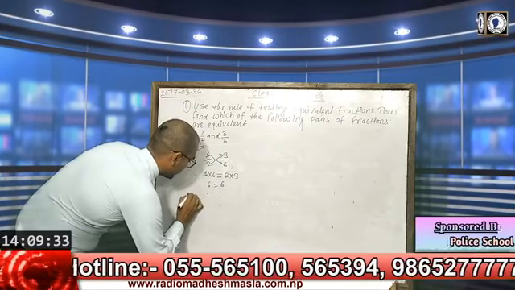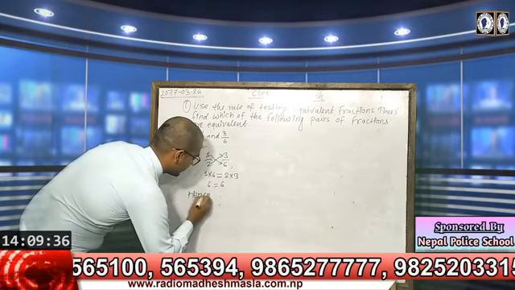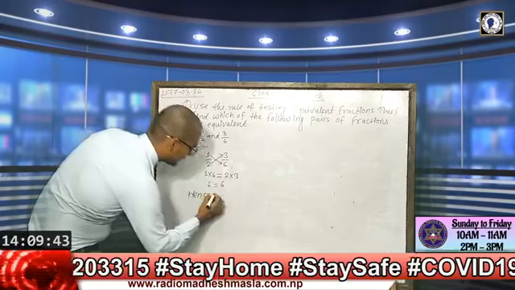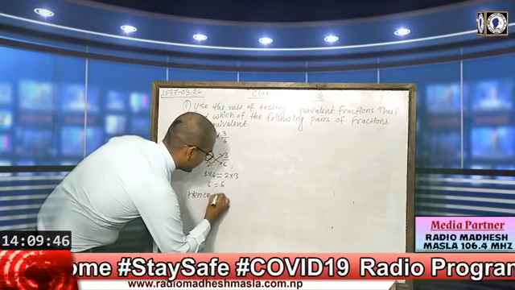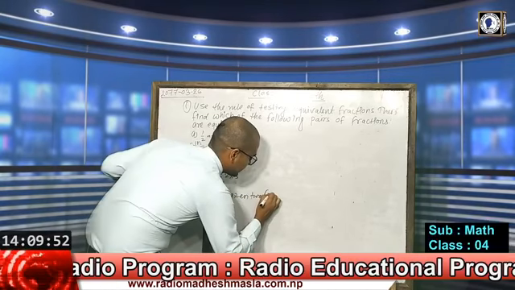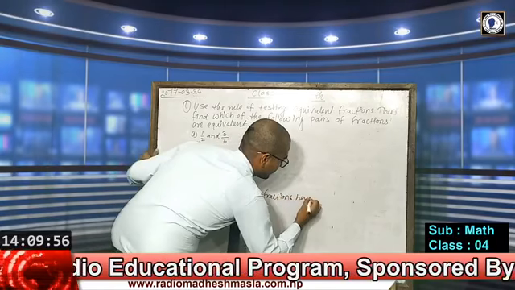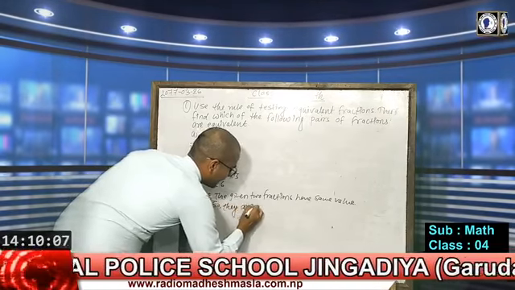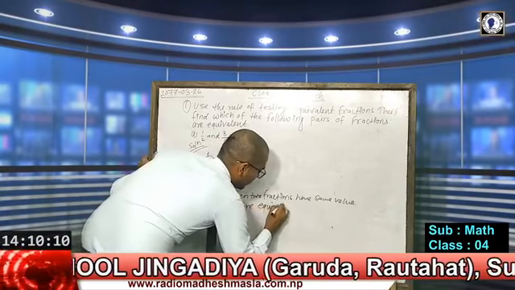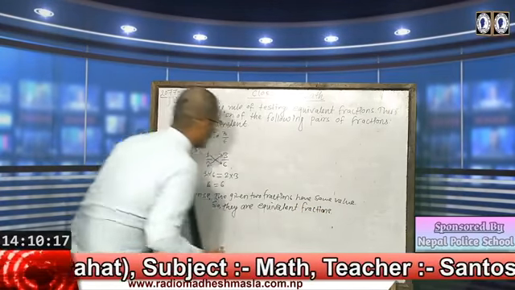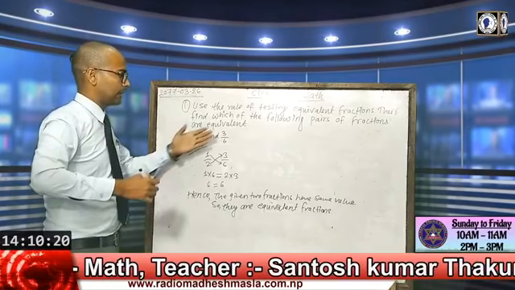In the conclusion, we should write a conclusion in every question after solving it. So here: hence the given two fractions have the same value, so they are equivalent fractions.